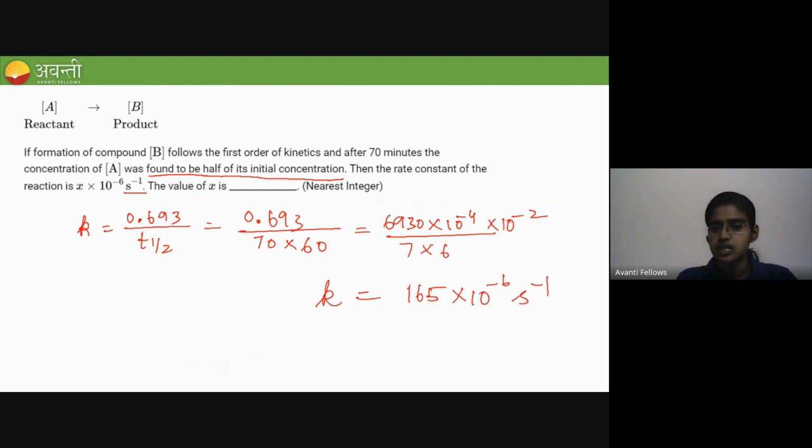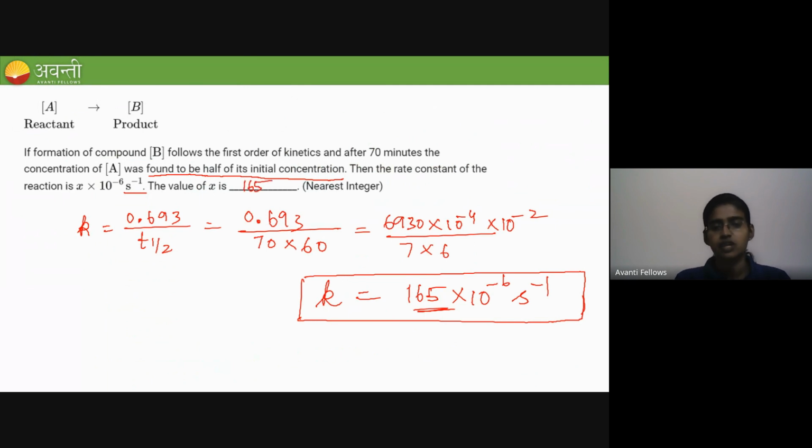So this is the rate constant value, in which the value of x is 165. So from the T half relation for the first order reaction, we are finding the rate constant directly from the values given in the question.